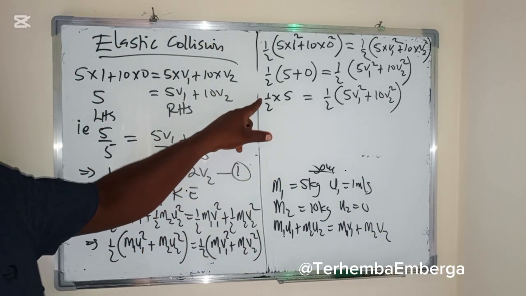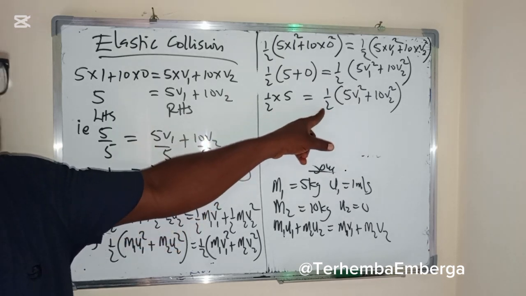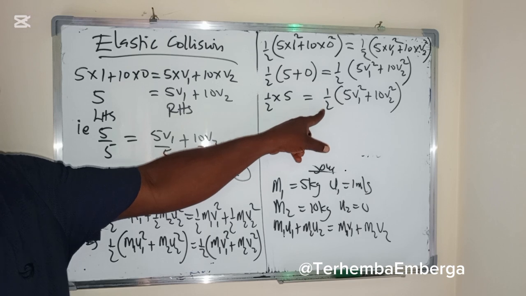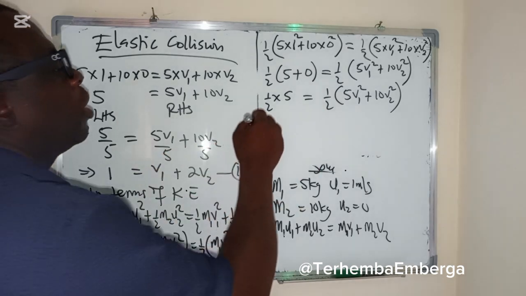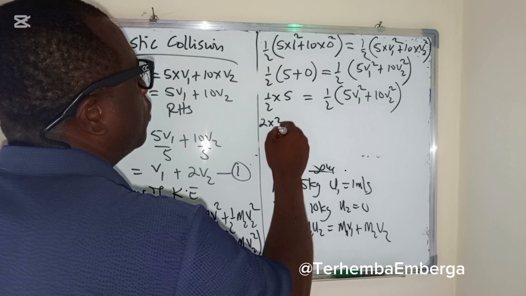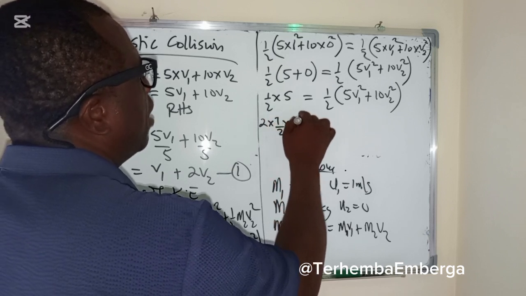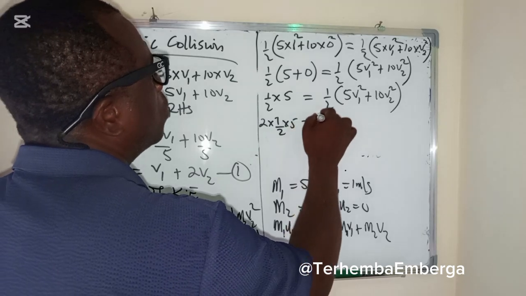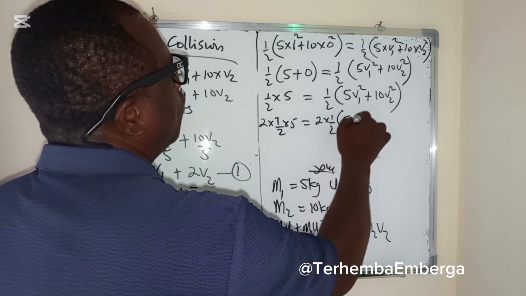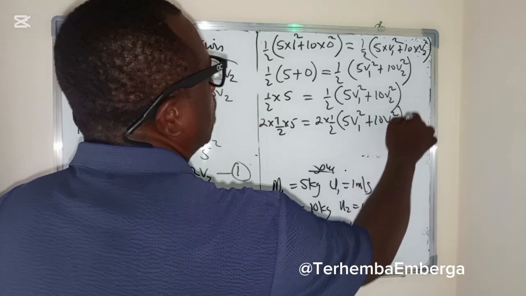Instead of working with this half, we can do away with it by multiplying both sides by 2. So if you multiply both sides by 2, we have 2 times half times 5 equal to 2 times half into 5V1 squared plus 10V2 squared.